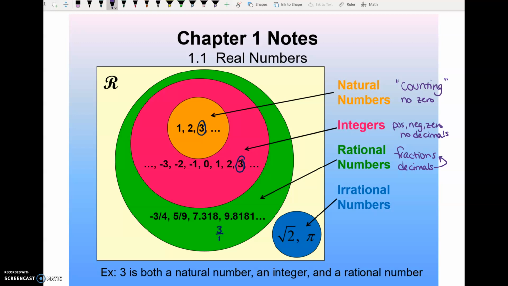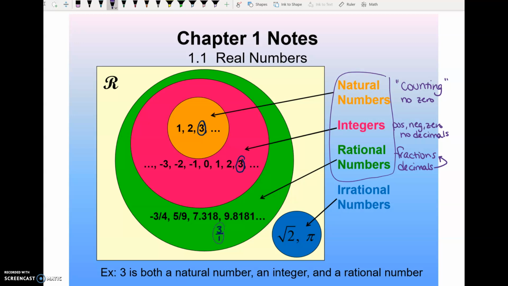The interesting thing here, and I think you'll notice that I've got the number 3 circled in all three of these circles. The number 3 is considered to be a natural number, an integer, and a rational number because it can be written as the fraction 3/1. So if something is a natural number, it is also the other two.